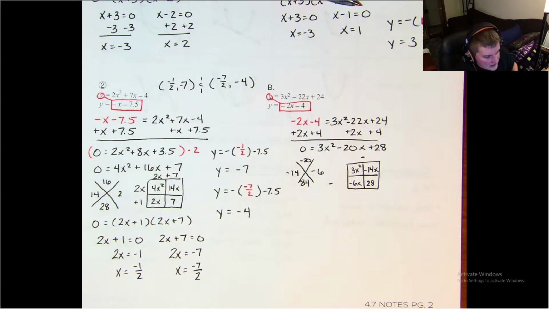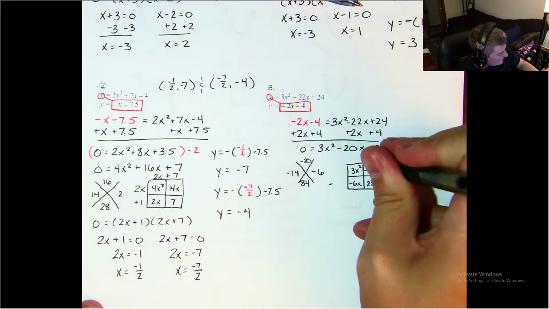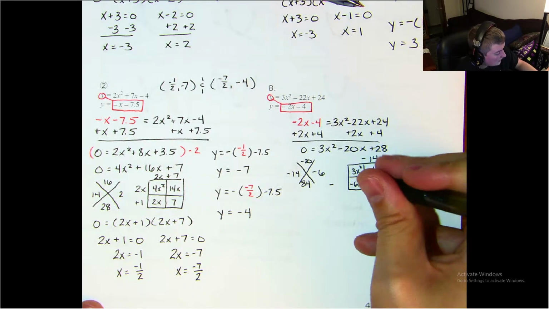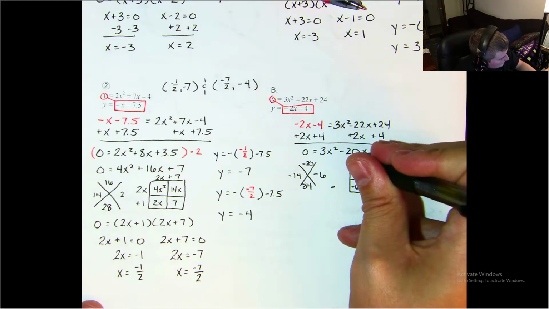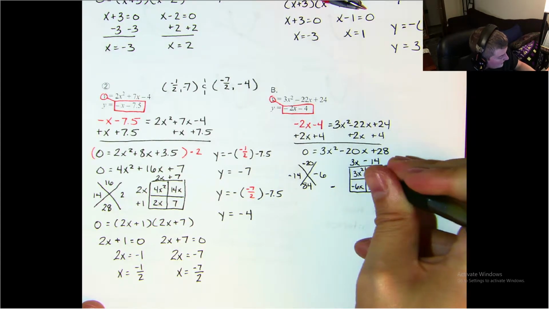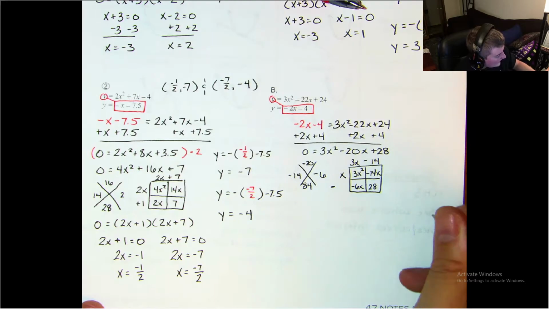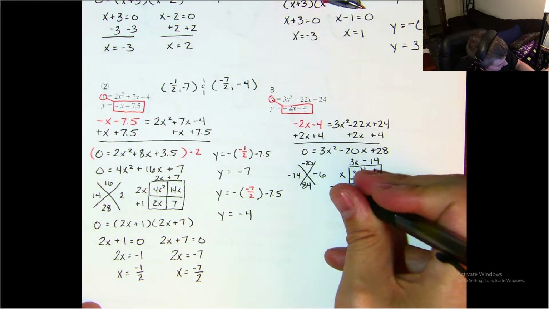So 28 and 14x are going to have a common factor of 14. So that is what I'm going to pull out there. And then 3x squared and negative 6x are going to have a common factor of 3x. 3x squared and negative 14 are going to have a common factor of x, and negative 6 and 28 are going to have a common factor of 2.